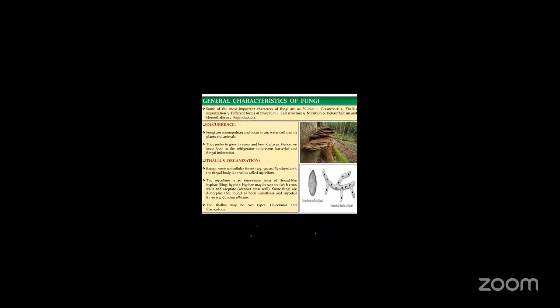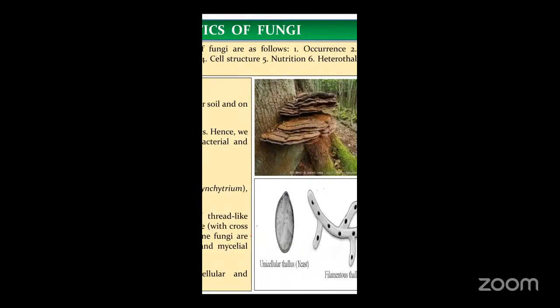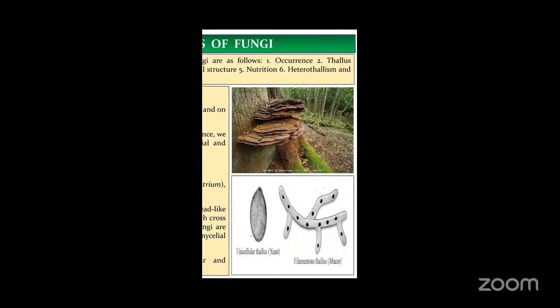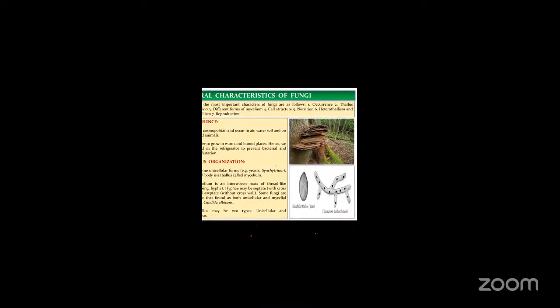See here, this one is a single-celled unicellular form, and some have filament-like structures, for example Mucor and Rhizopus. Mycelium is an intertwined mass of thread-like hyphae. The hyphae may be septate or sometimes aseptate.